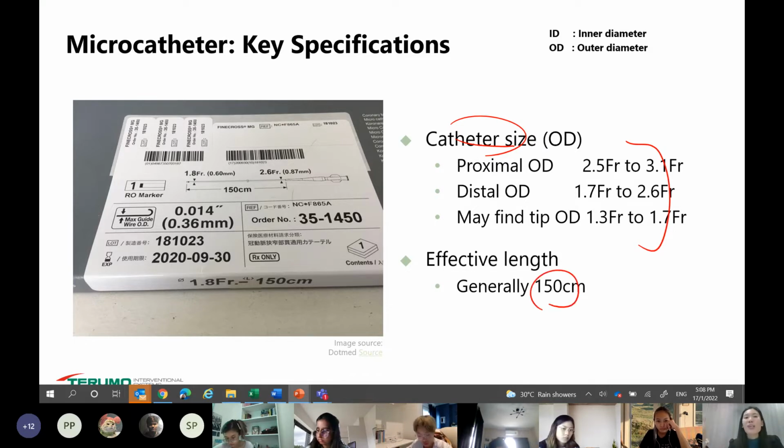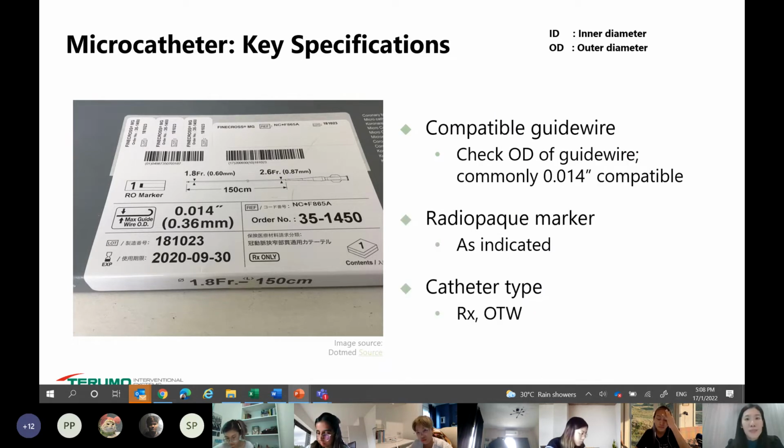Effective length is longer than your diagnostic catheter, which is 100 cm. This is 150 because it needs to extend further than your guiding catheter into your coronary artery. This is, again, typically compatible with 014 guide wire.